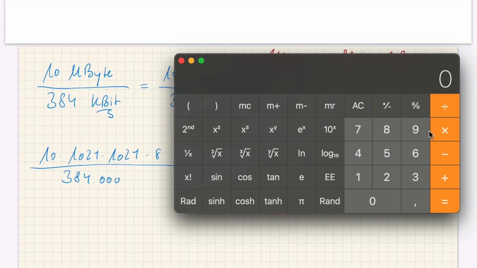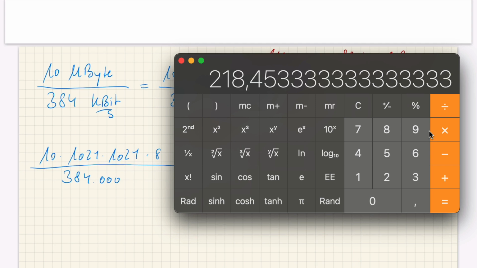So what do we have? 10 times 1024 times 1024 times 8 divided by 384,000. So what we have is roughly 218 seconds.